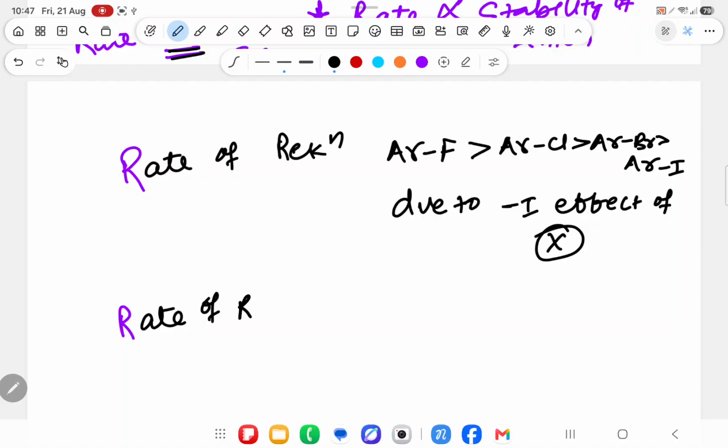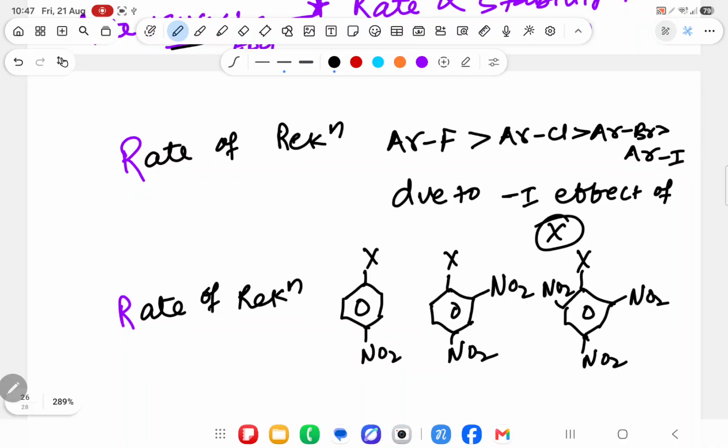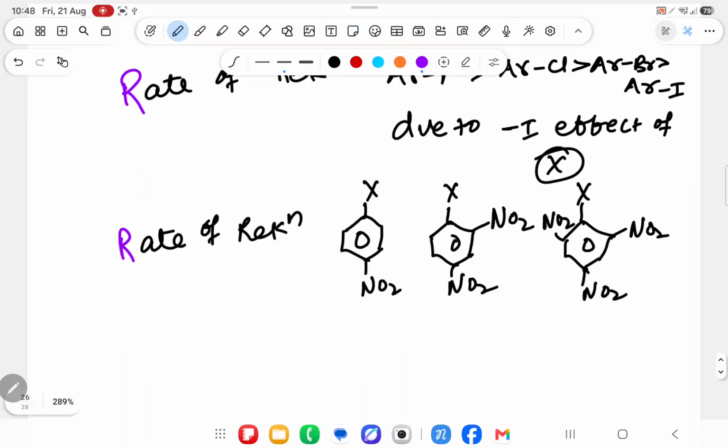Next, rate of reaction. Suppose you have taken X and attached NO2. Over here you have taken X and attached 2 NO2. Over here you have taken X and attached 3 NO2. NO2 is an electron withdrawing group. The more electron withdrawing groups you attach, the more easily the reaction will happen.